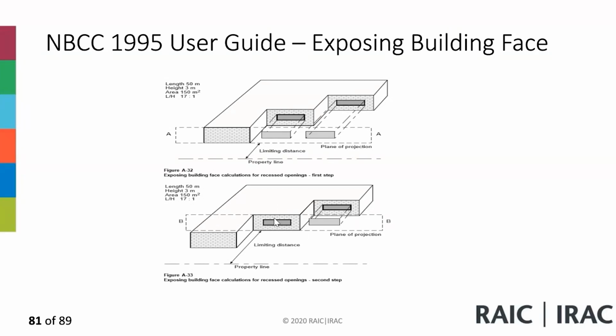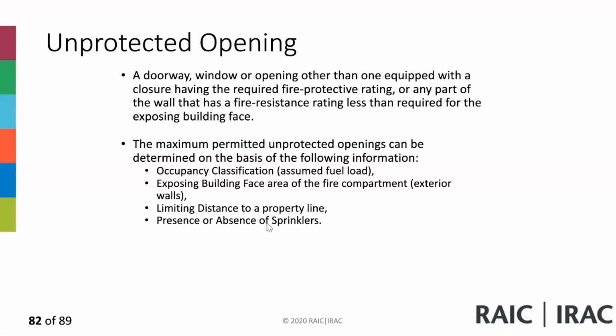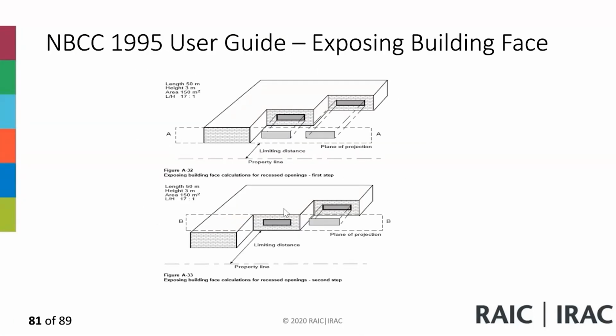If this compartment is separated from this area here, and this wall is all closed, then I can measure the limiting distance specifically for this compartment based on this limiting distance, which gives me a higher limiting distance and more flexibility in the construction of my exterior wall.